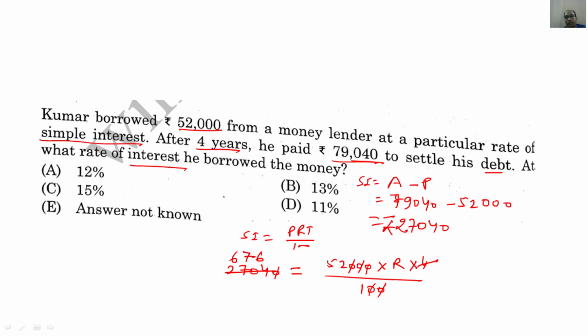So with the help of 4 also we can cancel 4 3, okay, and then 4 1 4, then 27, 4 6 are 24, 36, 4 9 are 36, and with this 13 we can cancel 169 as 13. So 13 square is equal to 169. So R is equal to 13%. So this B is the answer.